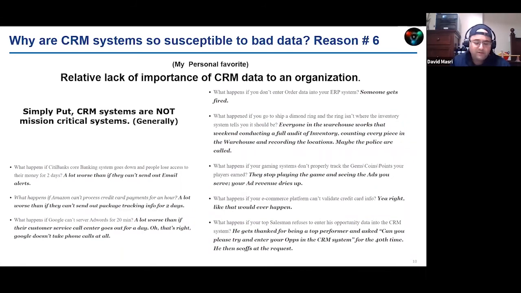So the inventory system data is inaccurate because the ring is not there. Everyone in that warehouse will be working overtime and take a full audit of inventory until everything is 100% accurate. And potentially they might call the authorities to look into what's going on.